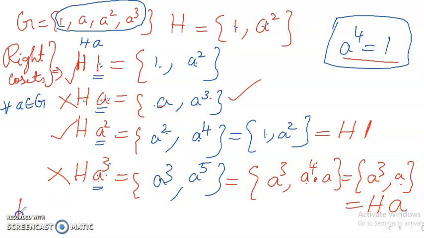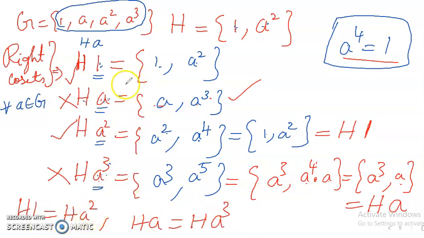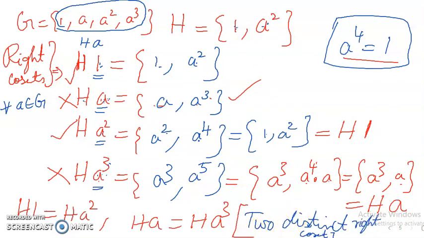So H·1 equals H·a², and Ha equals Ha³. So how many right cosets are here? We have only 2 distinct right cosets. Similarly, you can find the left cosets also. This is how we find the cosets.